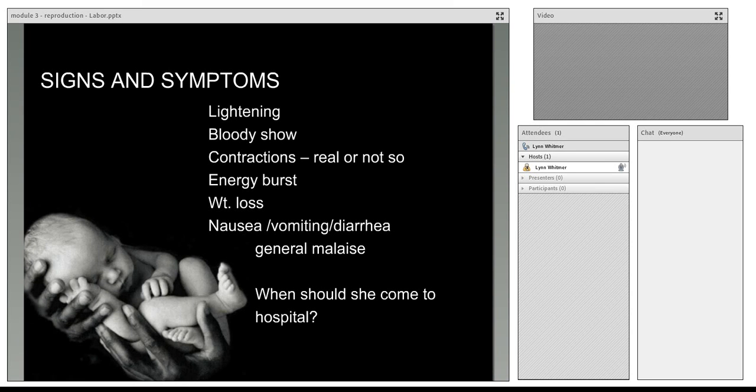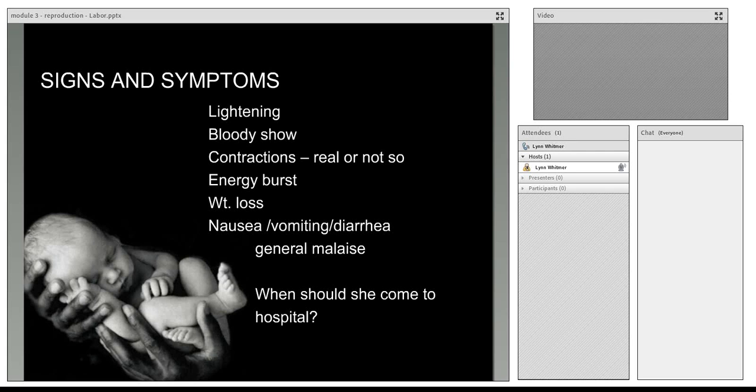And as the cervix is opening, remember it's very vascular, so as it's opening, some of the blood vessels will break, causing a little bit of spotting or bleeding. Now if she has frank red bleeding, or more bleeding than just a little bit of spotting, she needs to alert somebody to that, because that might be a sign of something much more ominous than just a little bloody show.